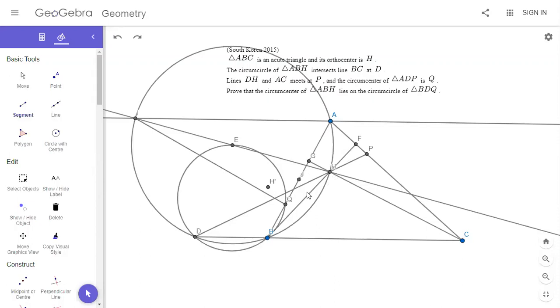So this is an isosceles trapezoid, right? IDBA. So we want to show angle QAD is angle.